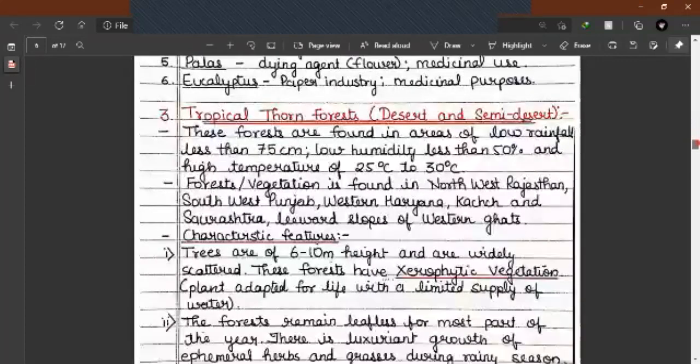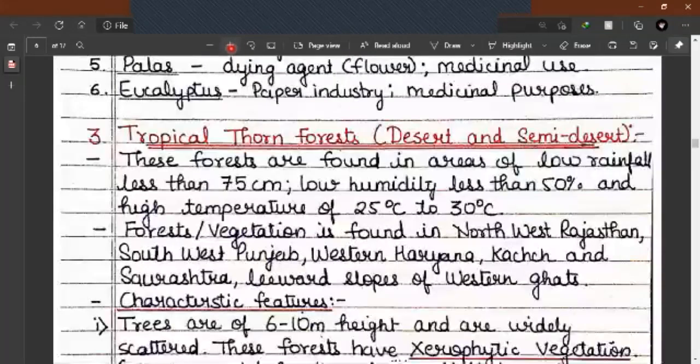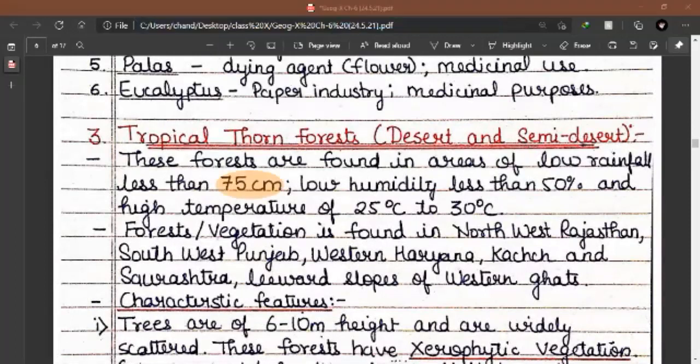The third type of forest is tropical thorn forest or desert and semi-desert forest. These forests are found in areas of low rainfall, less than 75 centimeters, low humidity, less than 50%, and high temperatures of 25 to 30 degrees Celsius.